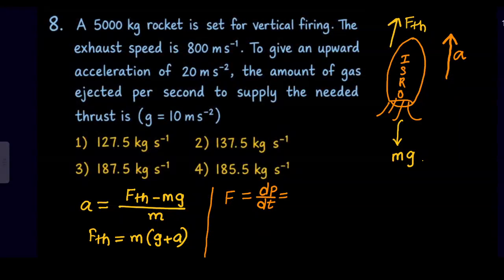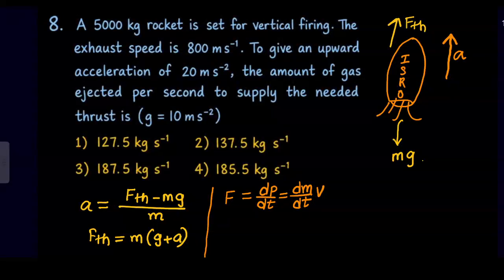After moving some 10 kilometers, one payload will burst. Then the mass will decrease. After some distance, another payload, and like this the mass keeps decreasing, isn't it? With what rate does the mass have to be exhausted? That we need to find. This is dm by dt into v. Here we need to find dm by dt.